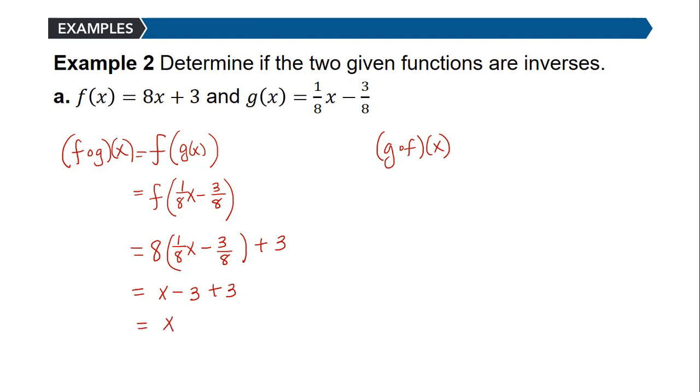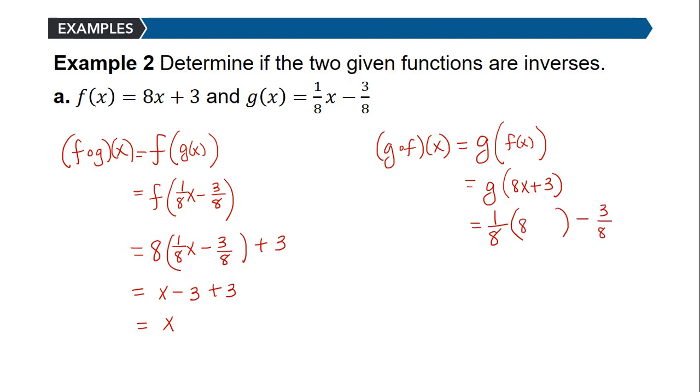So far, this looks good. G composed with f of x means to find g of f of x. So this time I'm going to substitute the function f into the function g. So I want to find g of 8x plus 3. But g of anything is 1/8 of whatever I'm substituting in, then minus 3/8.